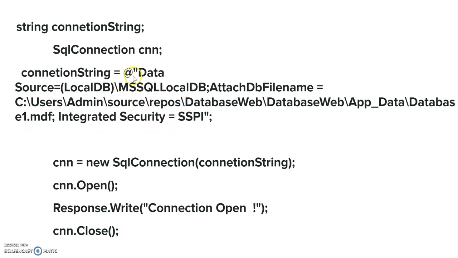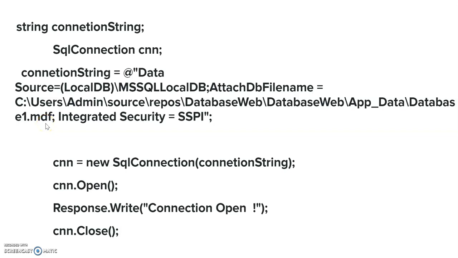Data source is equal to (LocalDB)\MSSQLLocalDB, AttachDbFilename gives the full path of that particular database1.mdf file.